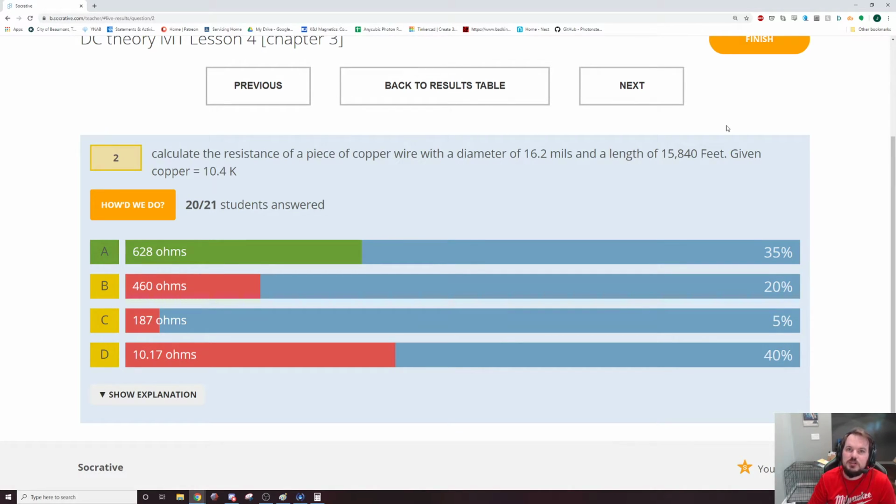Mils are how they measure paper and plastic sheets. You can look at a package of trash bags and see how many mils thick the trash bag is. Usually 8 mil is a pretty thick trash bag.